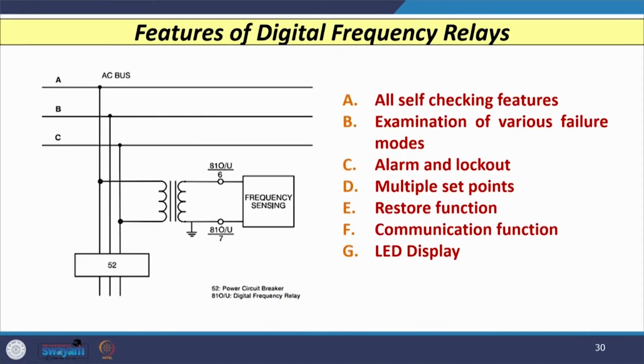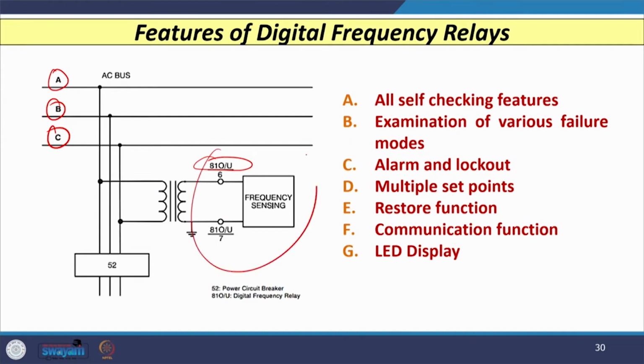Now, with this, let us see what are the features of digital frequency relays. So, here you can see I have shown the three conductors A, B, C, and when you have the frequency relay, as I told you, it comes with number 81 and you have the 81 over frequency unit.